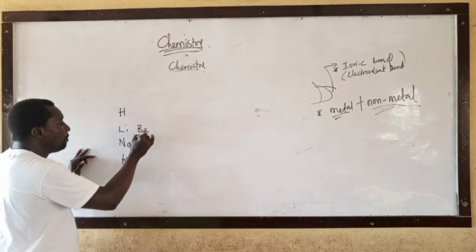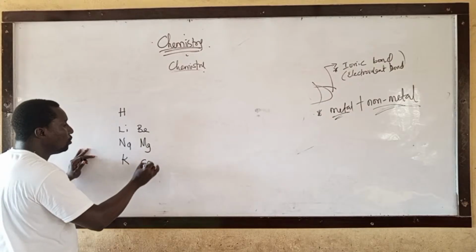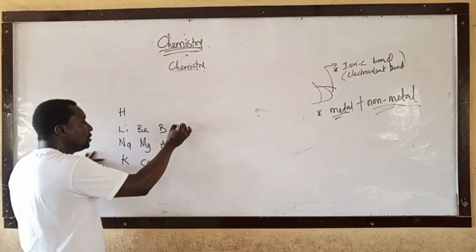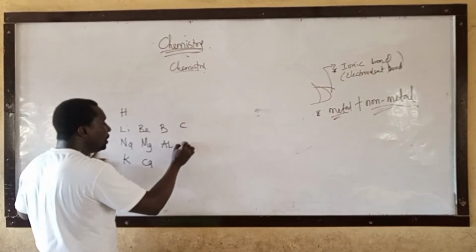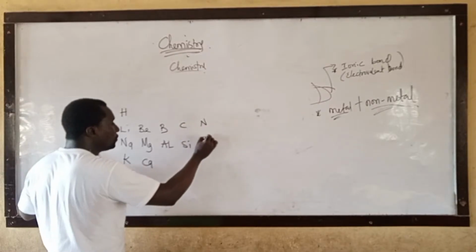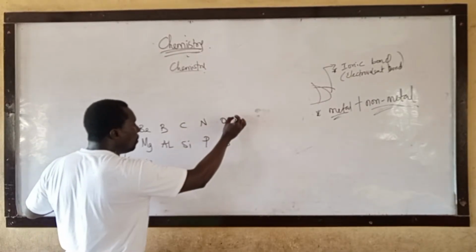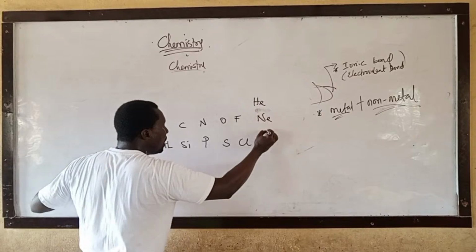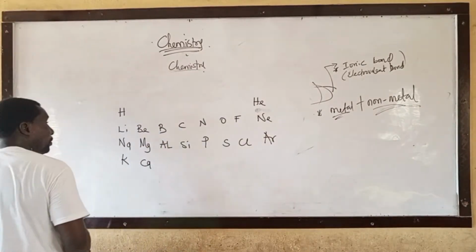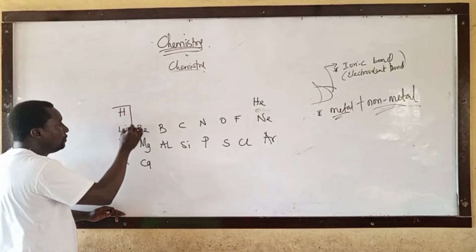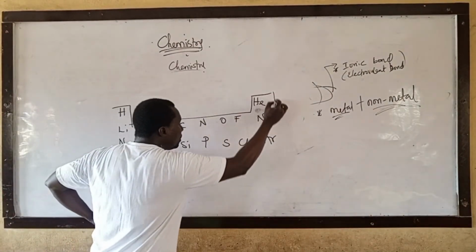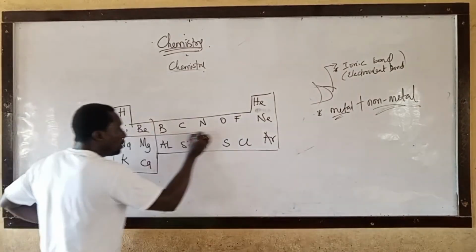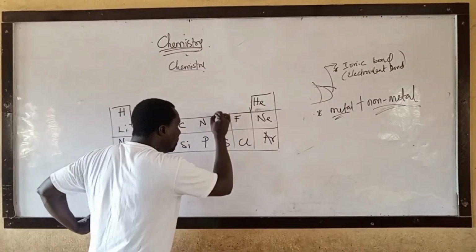You have beryllium, magnesium, calcium, boron, aluminium, gallium, carbon, silicon, nitrogen, phosphorus, oxygen, sulfur, fluorine, chlorine, helium, neon, argon. Let me use it to explain how to get your metals and non-metals.